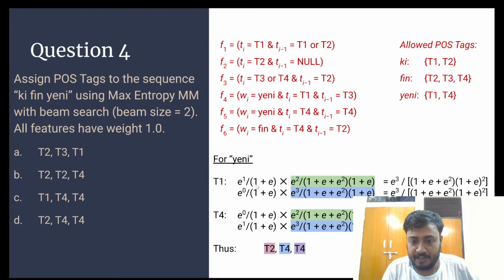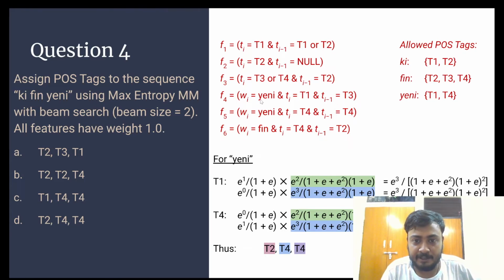Again we repeat the same thing. Current tag T1, previous tag T3, and current word any. How many features are applicable? One feature is applicable, which is F4.